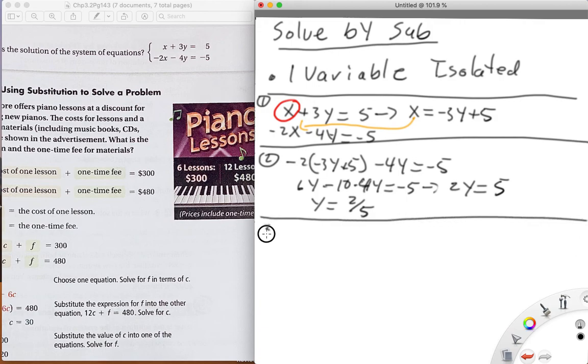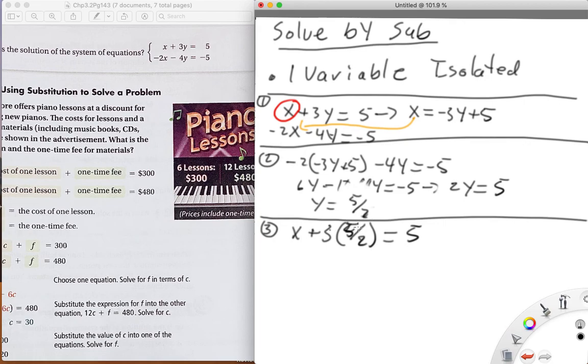Then the next step, I'm going to plug in this 5 halves into either one of my original two equations. I'll plug it into the top one. So it's going to be x plus 3 times 5 halves equals 5.